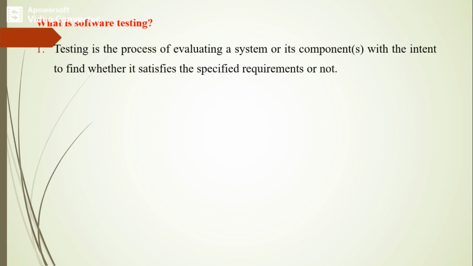Now what is meant by software testing? Different people might give different definitions, but in the end all the definitions give the same meaning. Now we'll see some of the definitions. The first definition: software testing is the process of evaluating a system or its components with the intent to find whether it satisfies the specified requirements or not.